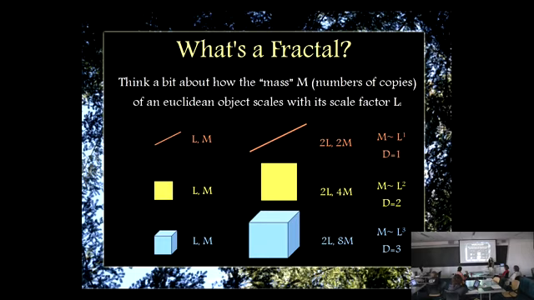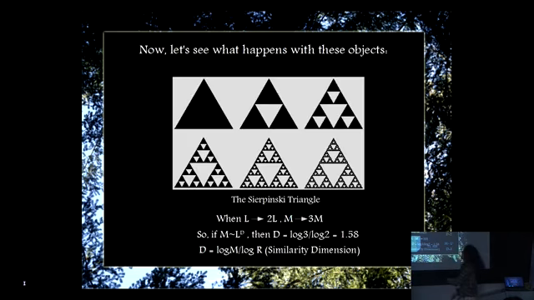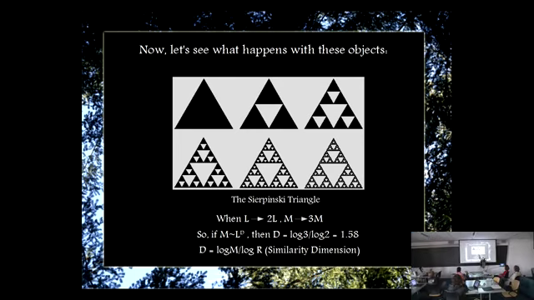But that's not the whole story. There can be objects that, if we double their size, contain a number of copies that is not 2 to an integer power. Like the Sierpinski triangle. Take a look at this. We can take a triangle, remove the triangle in the middle, and keep repeating it.